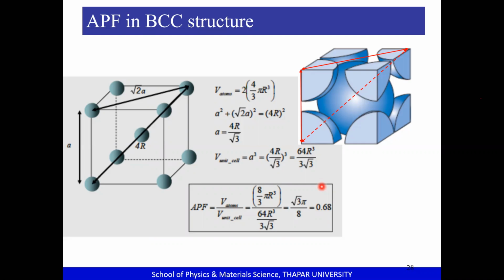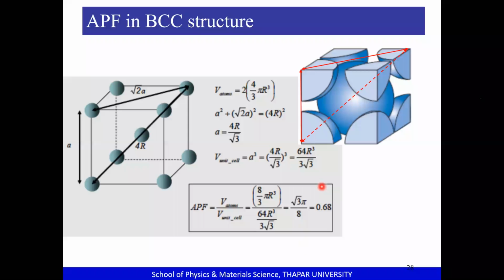So whether I take iron or molybdenum, its packing efficiency will be same because both crystallize into the BCC unit cell. You remember while beginning this course, I said we are not going to study individual materials, rather we will study materials in different classes because they all possess identical properties.